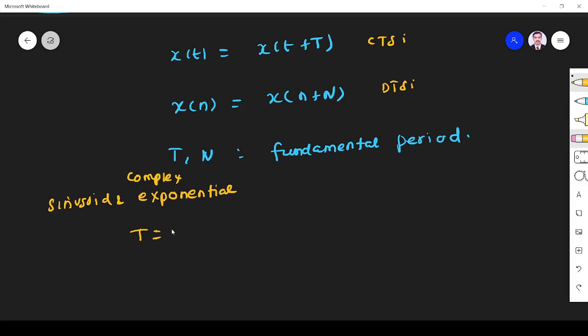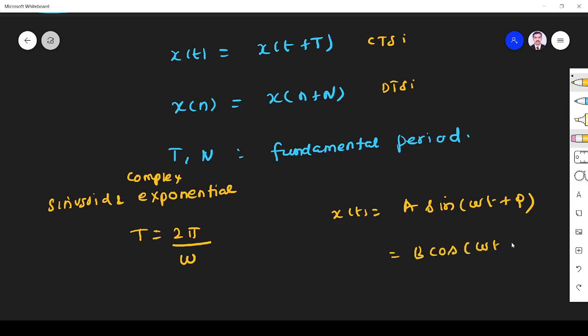For them, the fundamental period is 2 pi by omega, right? Simply, if your signal is x of t equal to a sine of omega t plus phi or b cos, any sine or cos, which is called a sinusoid, then the fundamental period is 2 pi by omega.